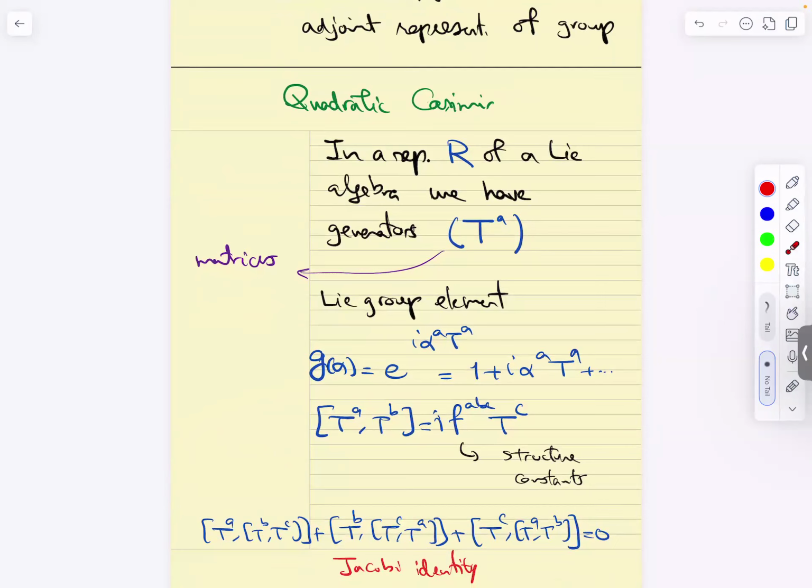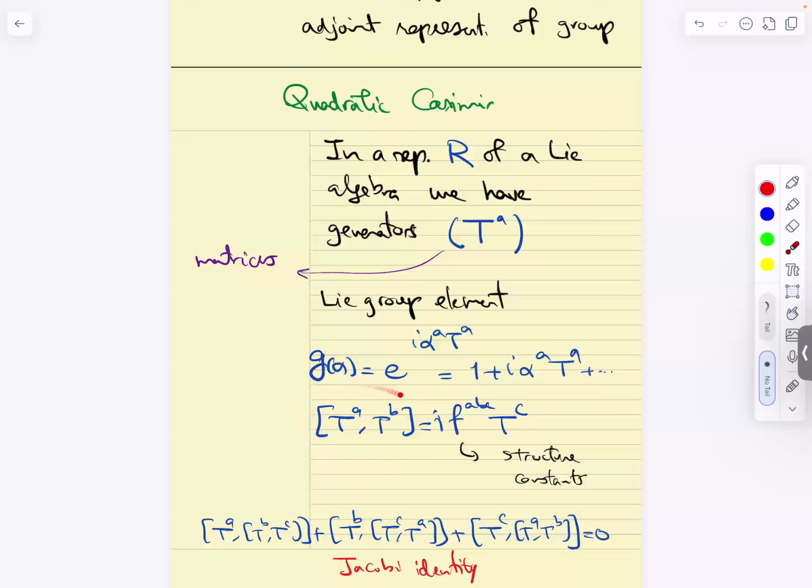So what is a Lie algebra? It's a vector space, right? With a bunch of vectors generated by a bunch of these T^A, which are bases of that vector space. So you could sum T^A as we were doing with a bunch of coefficients. This vector space has an operation which is a commutator.